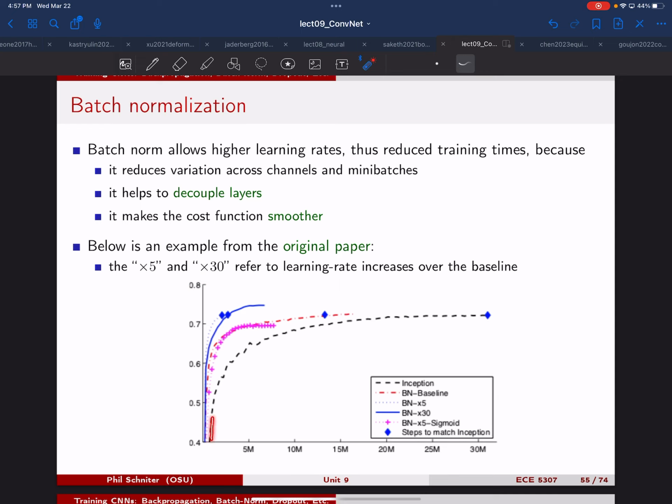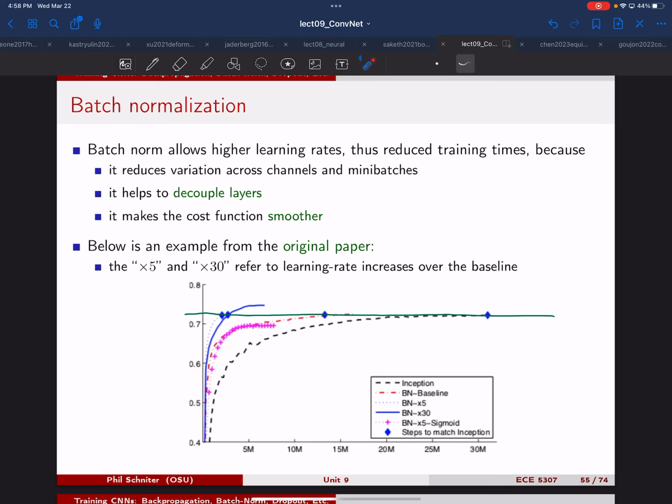And the baseline method, which is just this inception network, we'll learn about that, but it's the inception network without any batch norm. You can see it's getting up to this target accuracy, and it's a bit of an optical illusion. So let me emphasize that all these blue points are actually the same value. To me, it looks like these are higher than this, but they're actually all the same.